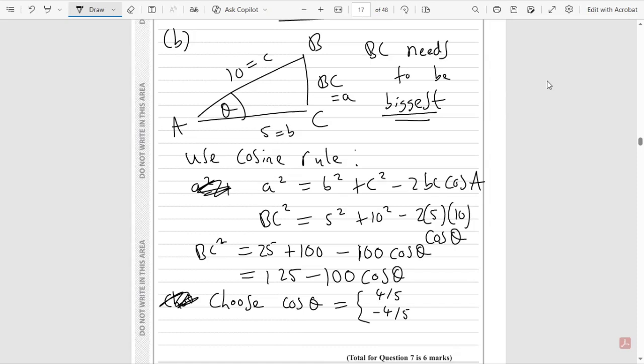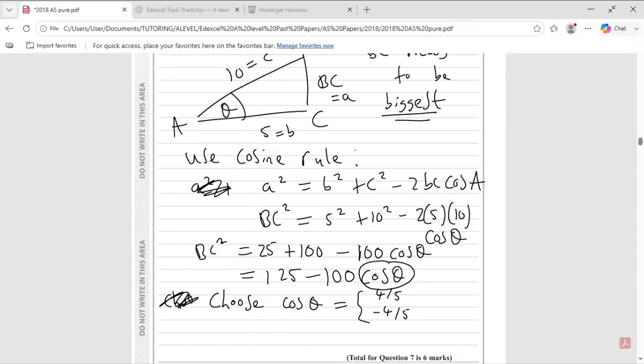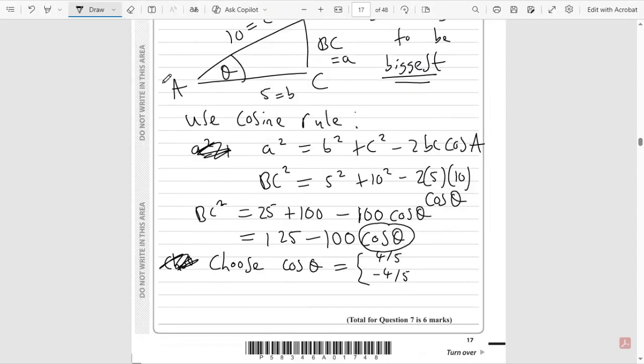Well, to make this BC as big as possible, we want to choose the negative cos value, because minus 100 times a negative number gives you a positive number. So actually, we're going to choose negative cos with this one. Let me just get the rubber back. There we go. So we're going to choose negative 4 over 5, because that gives us the biggest value.